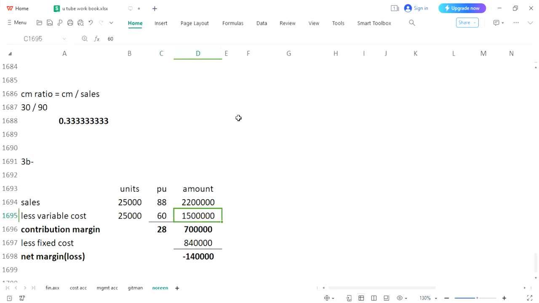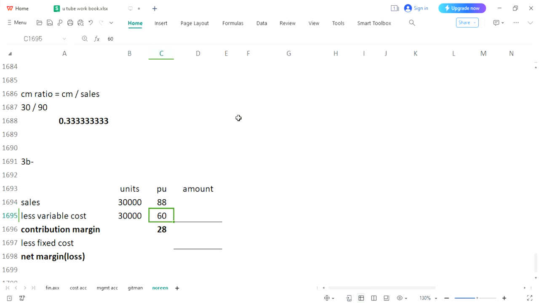For the time being I am deleting everything over here so that you can understand clearly. If I decrease the price from 90 to 88, our units would be increased from 25,000 to 30,000. Remaining everything would be the same.